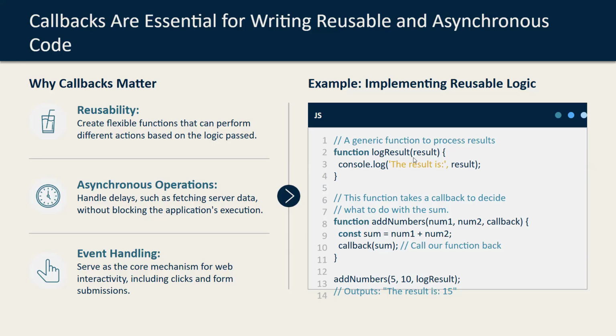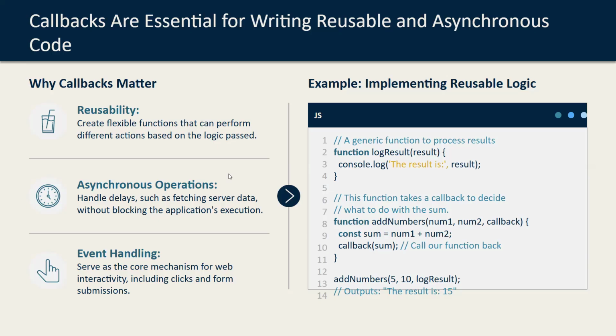They help you handle delays, like scenarios where you would be waiting for data from an actual server without stopping the rest of your application. And another reason why callbacks matter is event handling. Callbacks are a core part of establishing interactions on the web, like button clicks, form submissions, and other user actions that can be executed on the website.